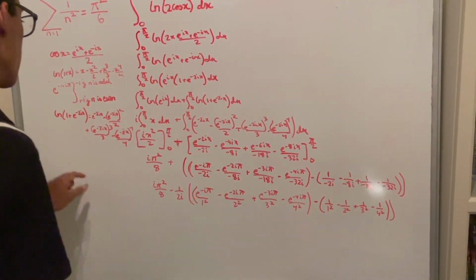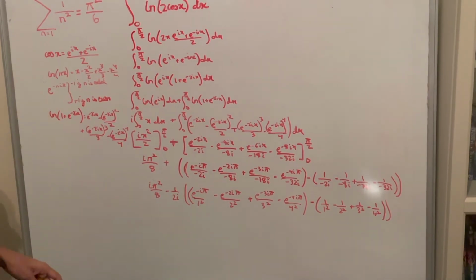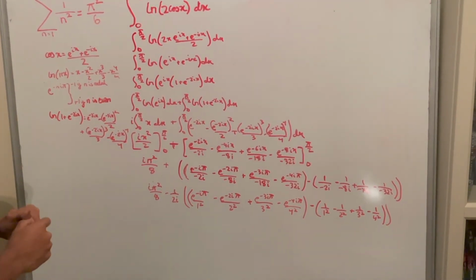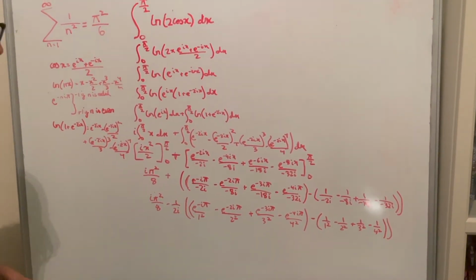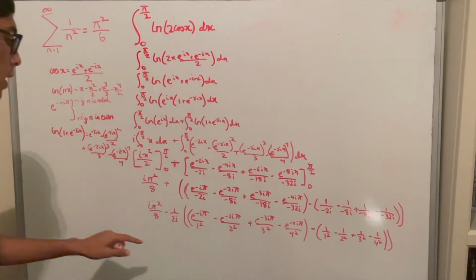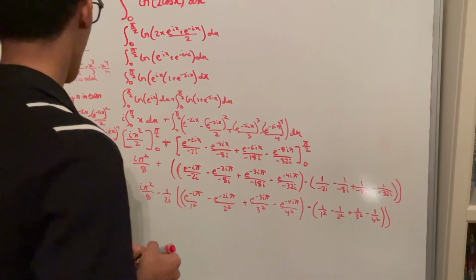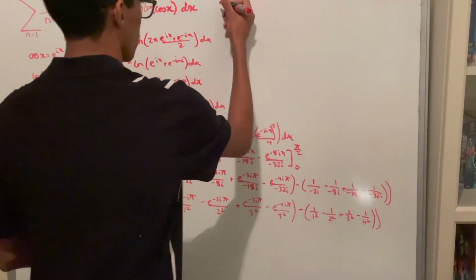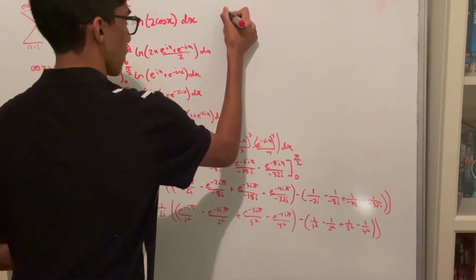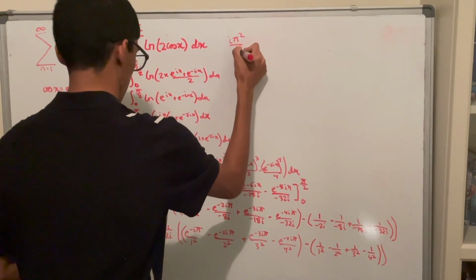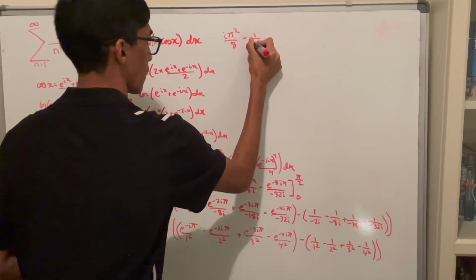And we already know that e to the power minus n i pi is minus 1 if n is odd. So we can use this rule to replace the value of e to the power minus i pi as minus 1. So over here we can write i pi squared over 8 minus 1 over 2i.